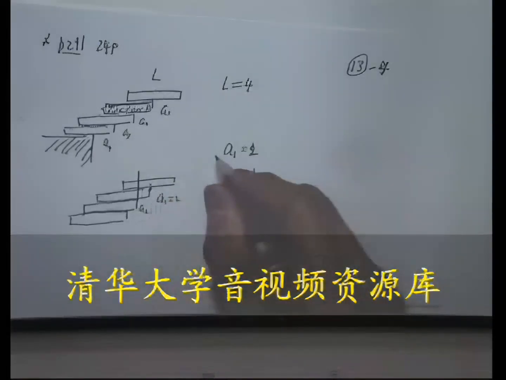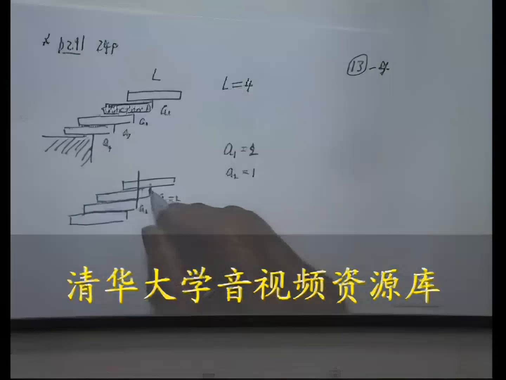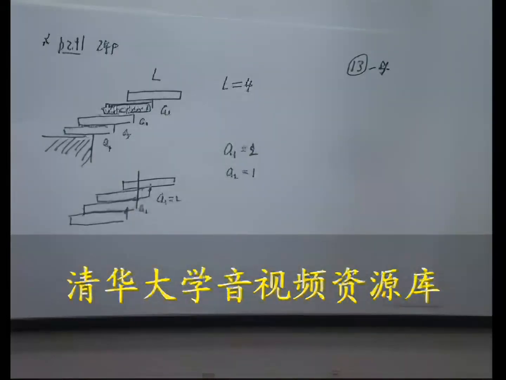To determine this point should be at the center of mass of the first block. This point should be at the center of mass of the top two blocks. This point should be at the center of mass of the top three blocks. Is everybody happy with what I just said?